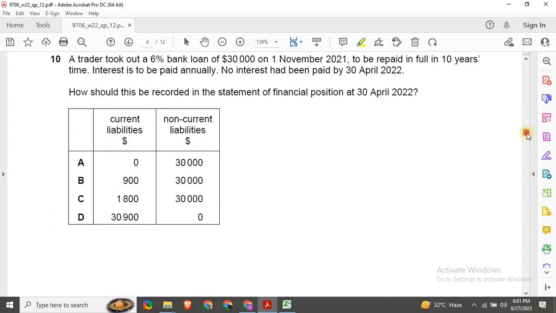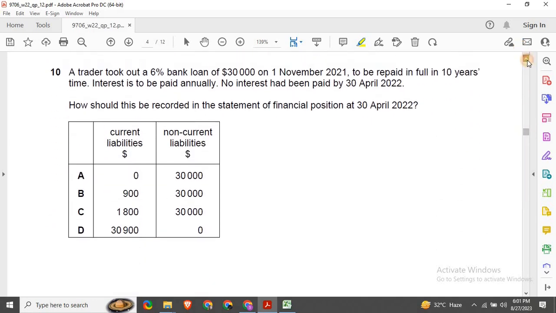And then the last one in this sequence of first 10 questions is: a trader took out a 6% bank loan of 30,000 on 1st November 2021 to be repaid in full in 10 years. So it is a long-term loan, because we have to pay after 10 years. The interest to be paid annually, no interest has been paid by 30th April 2022.